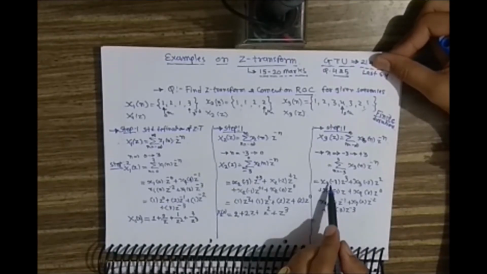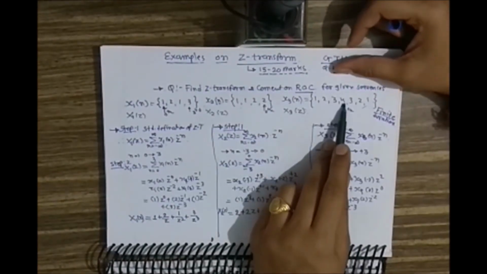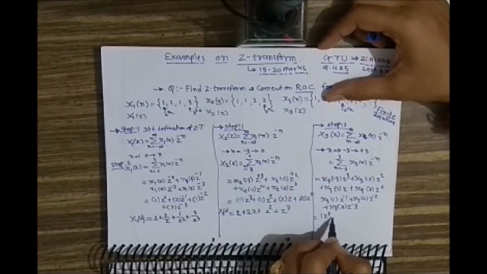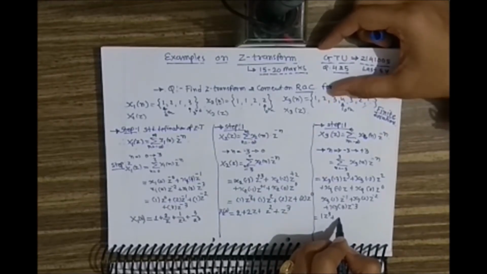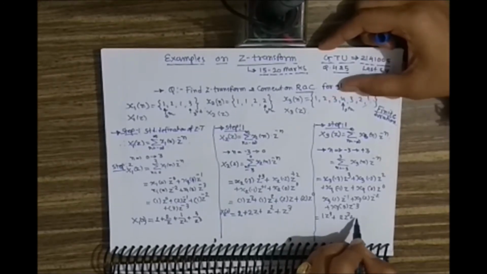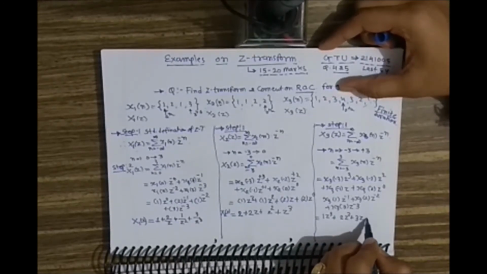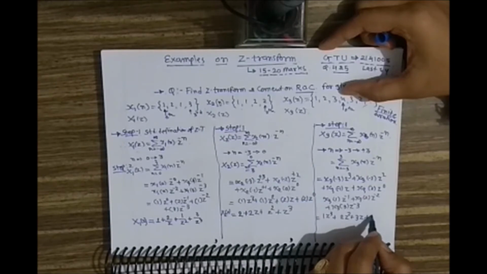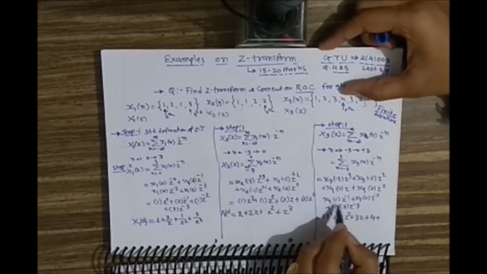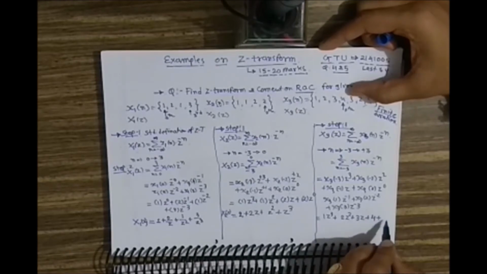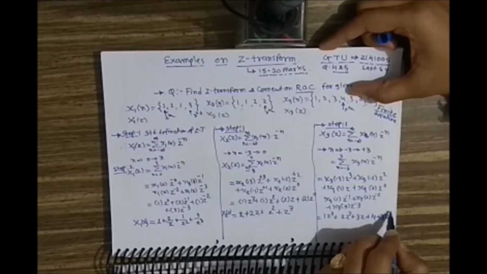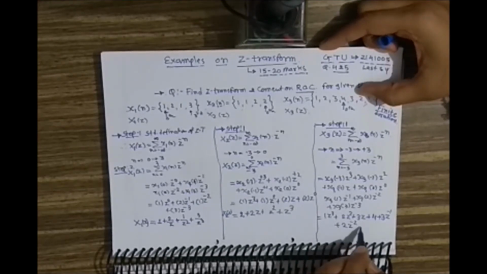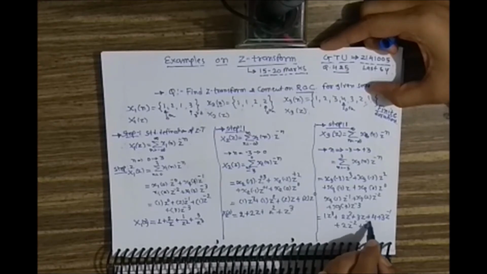So we consider the amplitudes 1 2 3 4 3 2 1. The first amplitude is 1, so 1 z cube plus 2 z square plus 3 z plus, now x3 of 0 is 4 and z raised to 0 is 1, so plus 4 plus x3 of 1 z inverse, which is 3 z inverse, then 2 z raised to minus 2 plus z raised to minus 3.